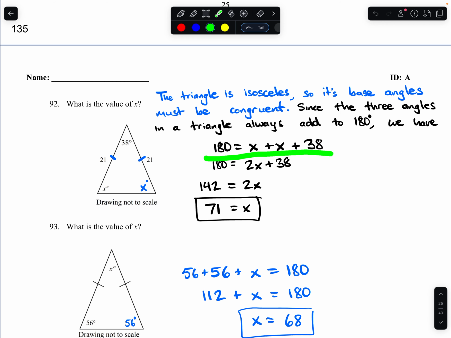The three angles in a triangle add up to 180, so we can set up our equation here. Combine our like terms, x plus x is 2x, and then get x by itself. You can subtract 38 from both sides to get our next line. Divide both sides by 2, and you should get that x is 71. And you can check your work. 71 plus 71 plus 38 is, in fact, 180.